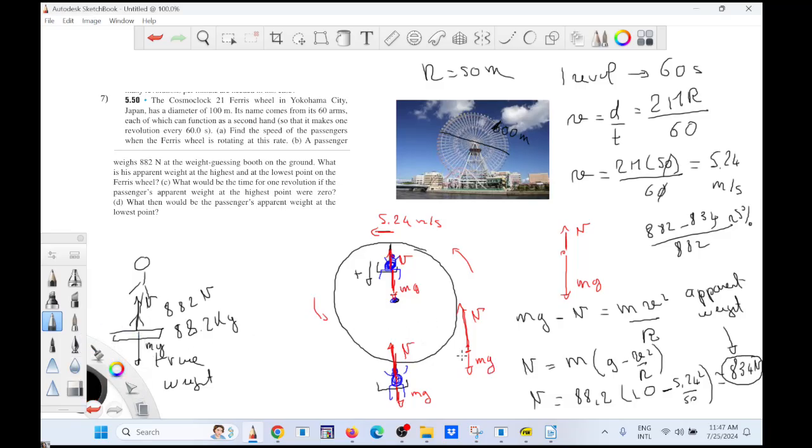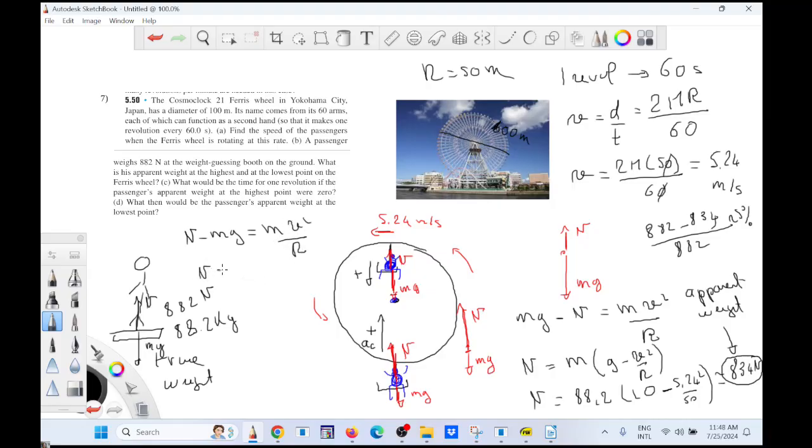So by how much? Use Newton's second law. Always toward the center, always take the direction to be positive, because that would also be the direction of the centripetal acceleration. So then we're going to have that positive n minus mg equals mv squared over r.